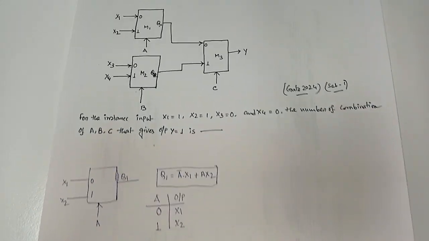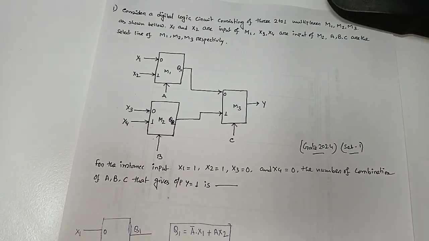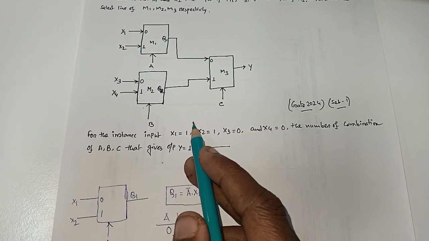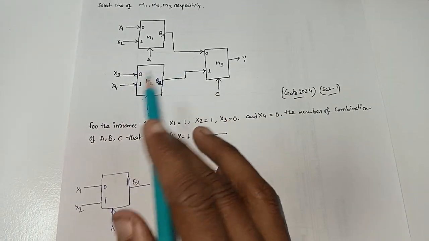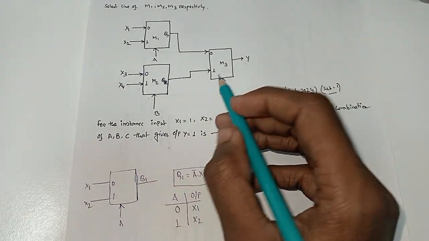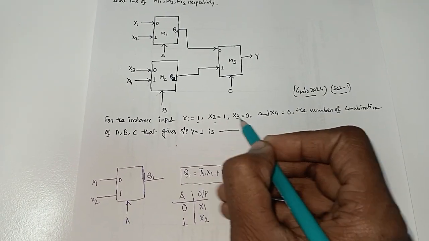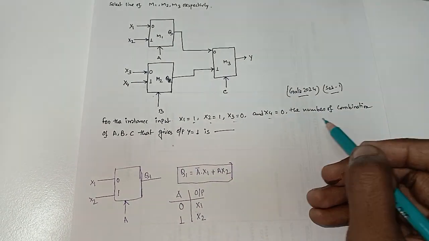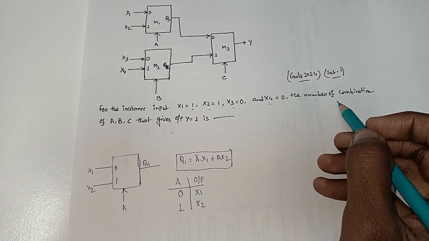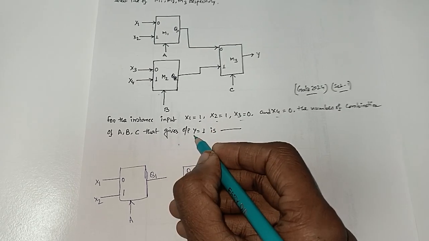For this question, we have x1 and x2, x3 and x4, with the input values given. We have to find the total number of combinations of ABC when output y is equal to 1.